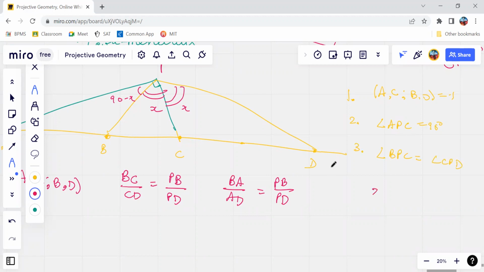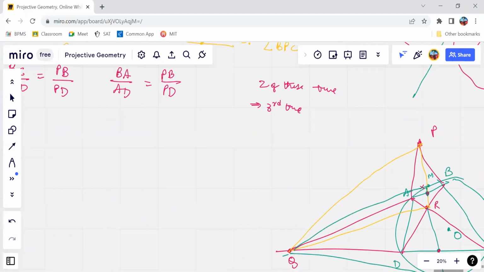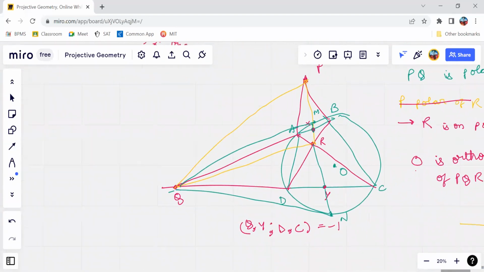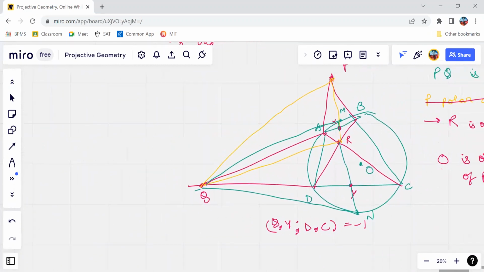So if any two of these are true, then it implies the third is also true. But if only one of them is true, then that's not enough to imply anything. You need two of these conditions. So you either need a 90 degree angle or an angle bisector, which in this case we don't have. Yes, there can exist some configuration issues.